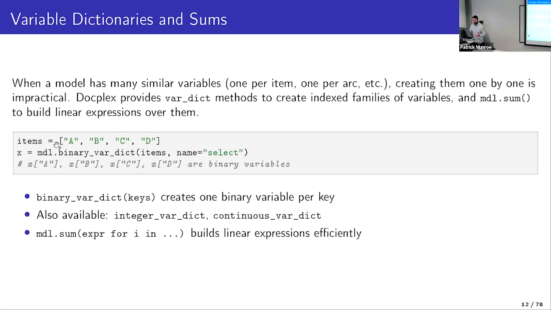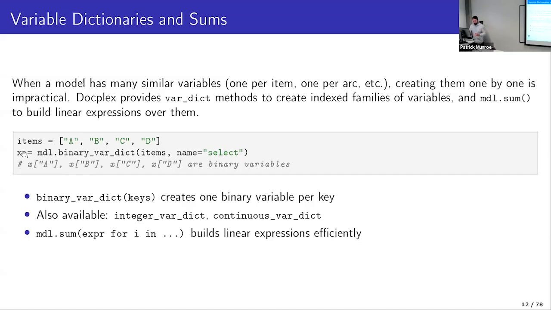You create a list, for example here of items A, B, C, and D. You pass this list to the function binary var dict, or it could be integer var dict or continuous var dict, depending on whether you want to create a binary, integer or continuous variable. And then you give a generic name for those variables, so select, which will be indexed by the name of the items that you pass to it.